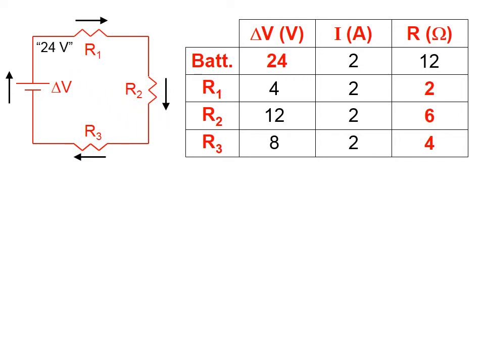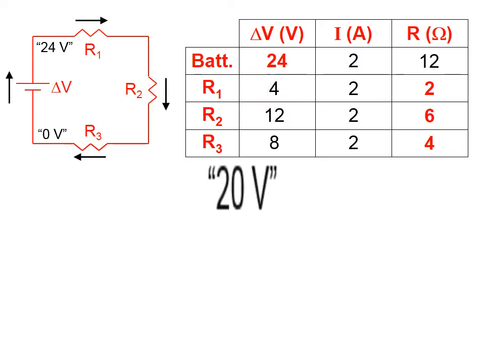If we go a bit further and color the wires with voltages, we know that this wire is the highest voltage and the wire in the lower left is the lowest. If we assign the lowest as 0 volts, and this is a 24 volt battery, then the wire in the upper left must be 24 volts. Well, if we look at our table, the voltage difference across resistor 1 is 4 volts.